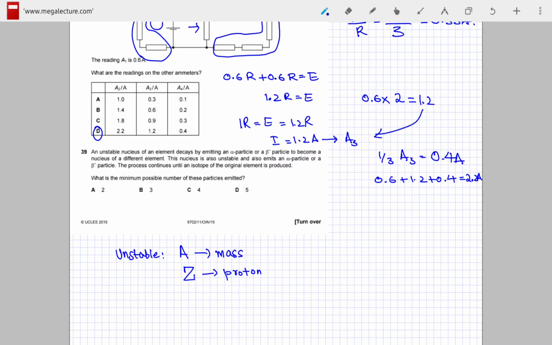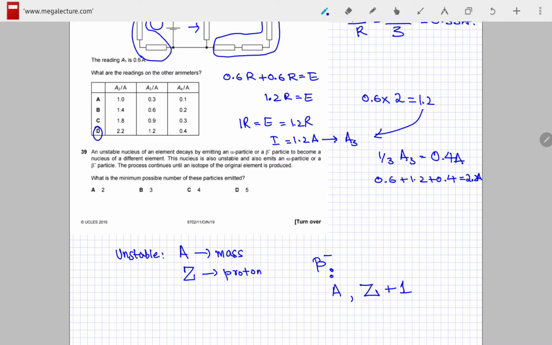The resulting nucleus would have the same mass number and an increase of 1 in proton number, because it's a beta minus decay. So A remains the same from this decay and Z gets an increment of 1.